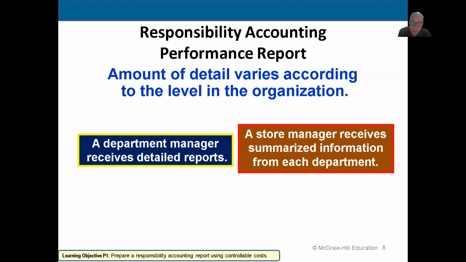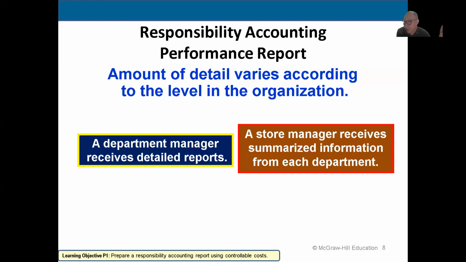The store manager receives a summary for each department, so they only see the income and the expenses for every department within the store. They see the summary. A very small amount of detail. And then, of course, the regional manager sees even less. All they see is just the store income and expenses.